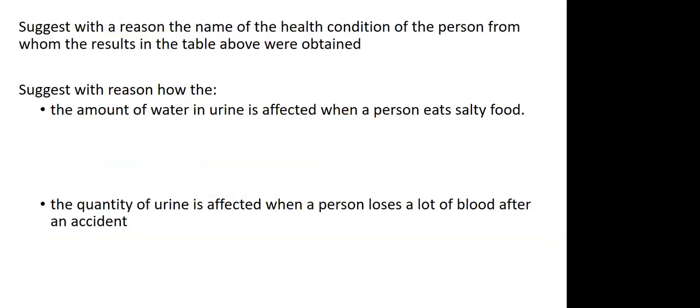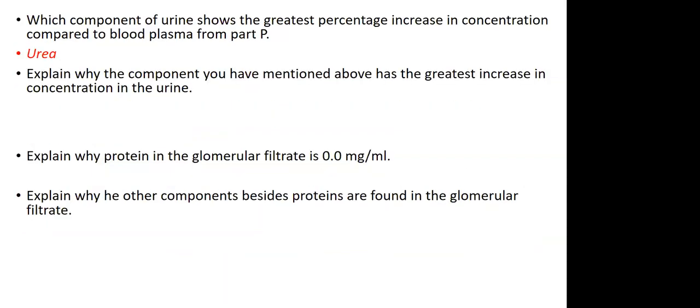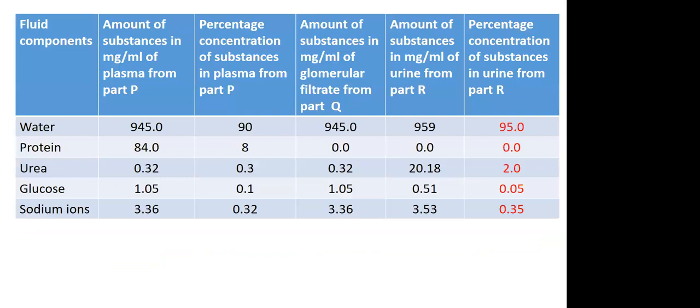Okay, now suggest with a reason the name of the health condition of the person from whom the results in the table were obtained. If we can go back, we look at these results. What kind of health situation does this person experience? You look at this table. Is this person normal?